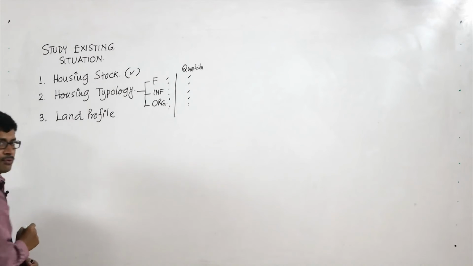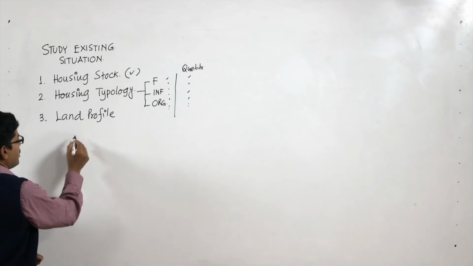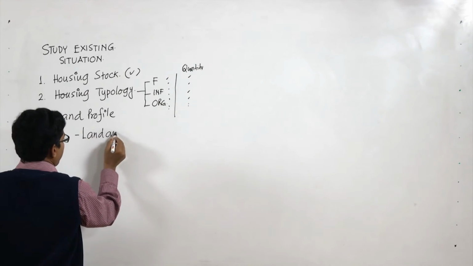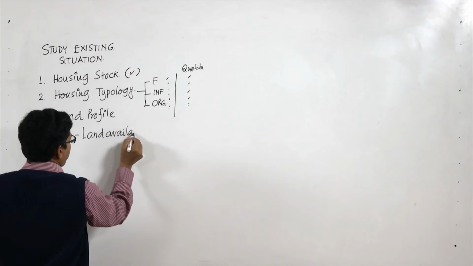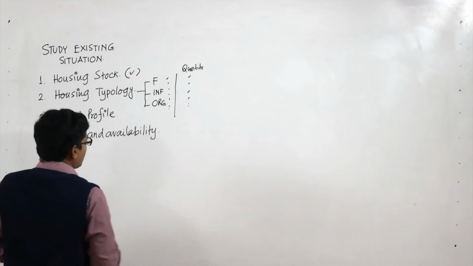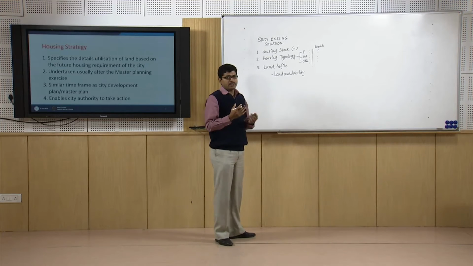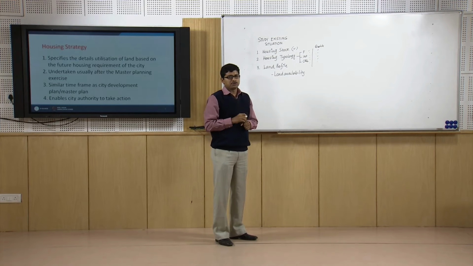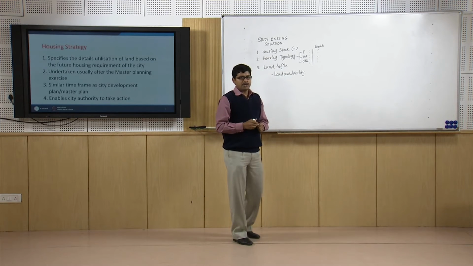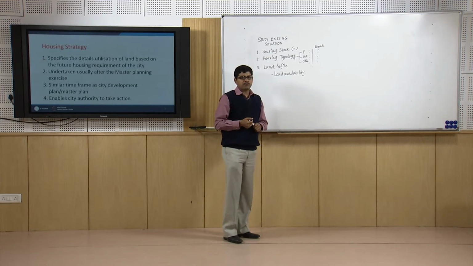So, in the land profile we have to take account of the land availability. Now, the land availability data may not be available every time. So, one of the major initiatives could be to take the existing data from the government department.